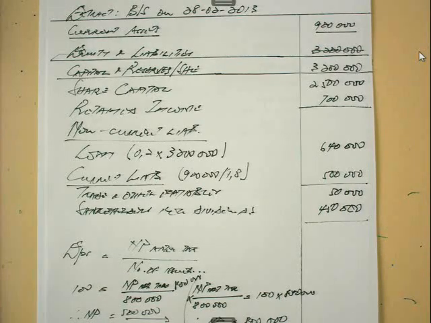Oftentimes you get a question going like this, that the board of directors is happy with the improvement that the company is beginning to show in its liquidity position. And you'll be asked to quote two or three financial indicators with figures to support that kind of feeling or opinion. Right?